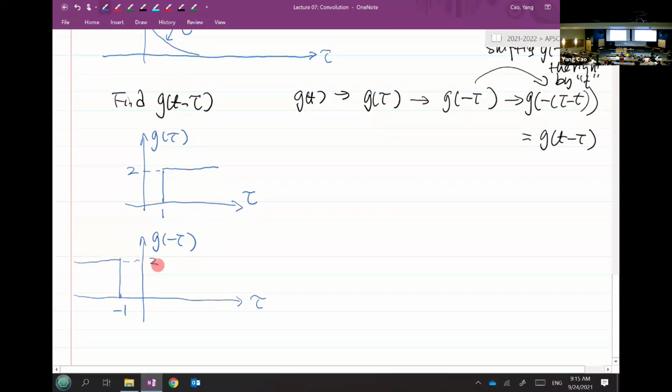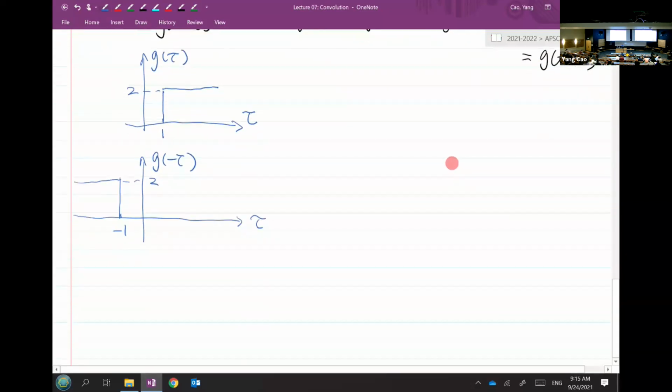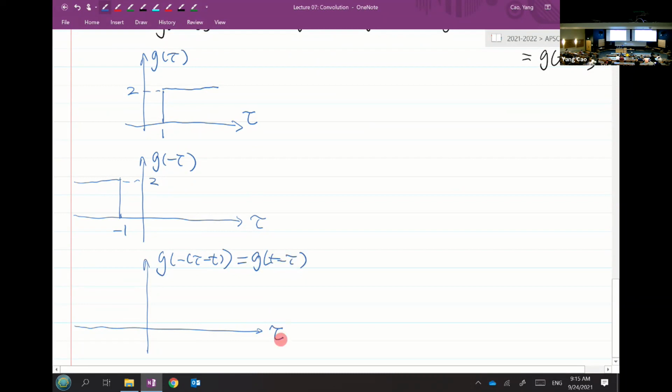That's g of negative tau. Okay, the next step is a critical step. We're drawing g of negative tau minus t, which of course gives us g of t minus tau. So this is a critical step here.